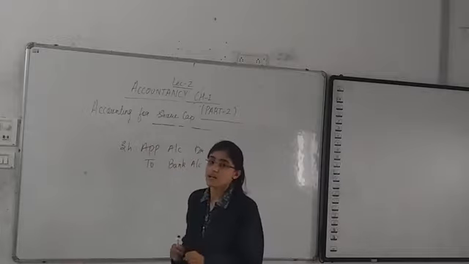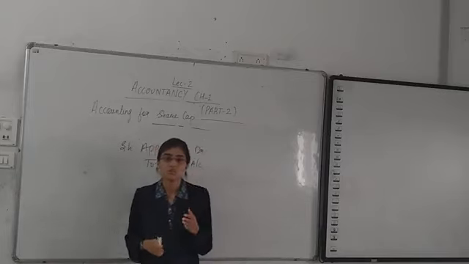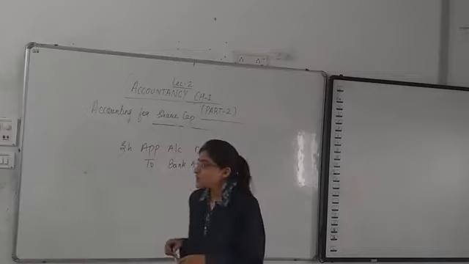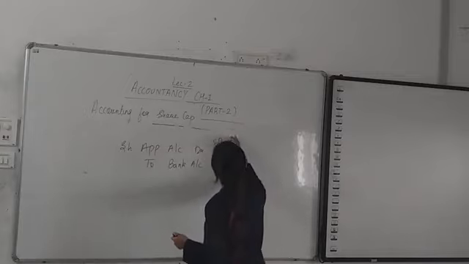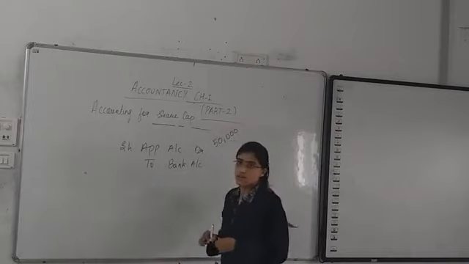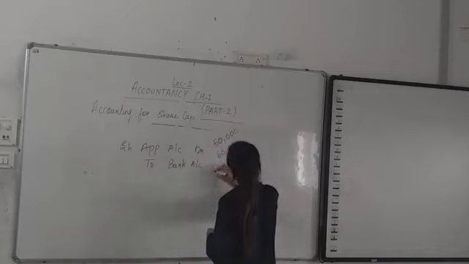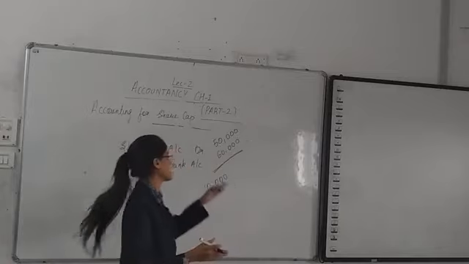Now the question might arise that then, why are the applications being rejected? What is the reason behind that? The reason is that if I have issued 50,000 shares, and the applications are received for 60,000 shares, I have to reject 10,000 shares. This is the reason of rejecting.